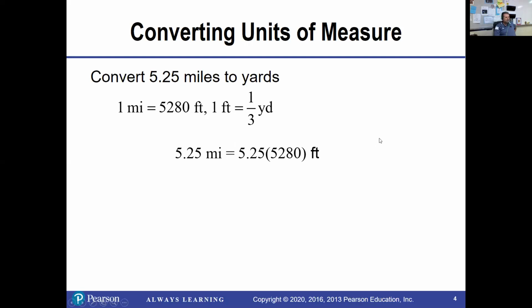So you multiply the number of miles times feet, and then multiply that number by 1/3, or divide by 3, to get how many yards, because there are 3 feet in a yard.